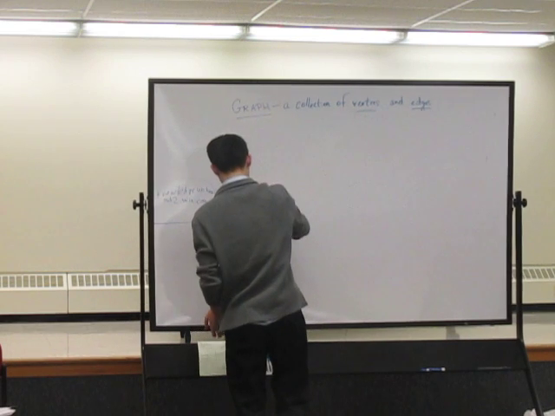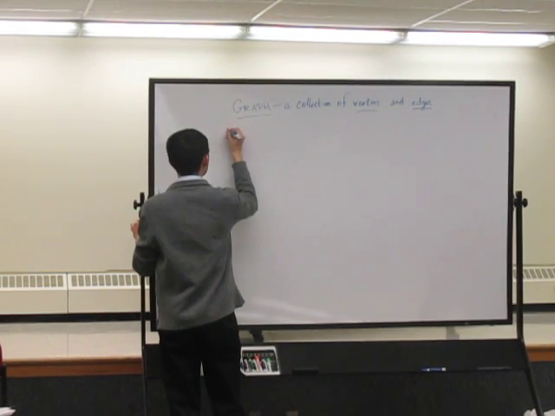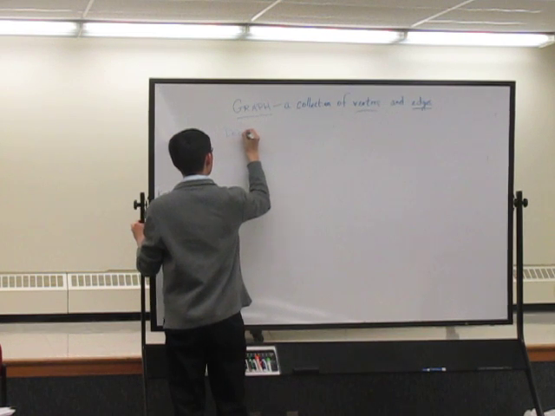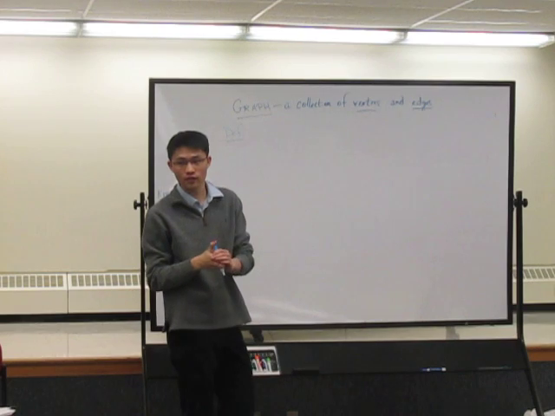So I'm going to write another definition for you guys. In this definition, we're going to define a special kind of graph. It's called a planar graph.